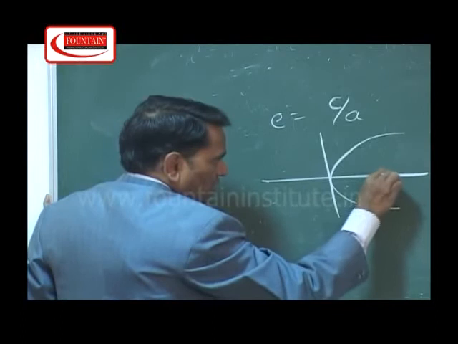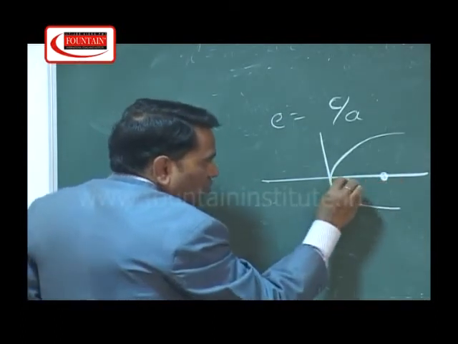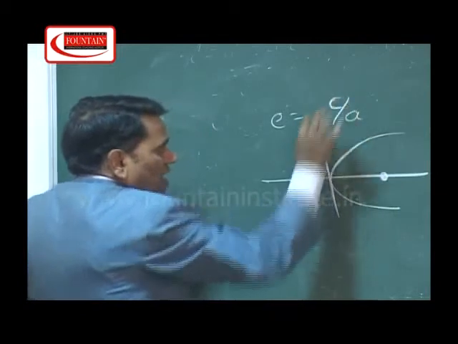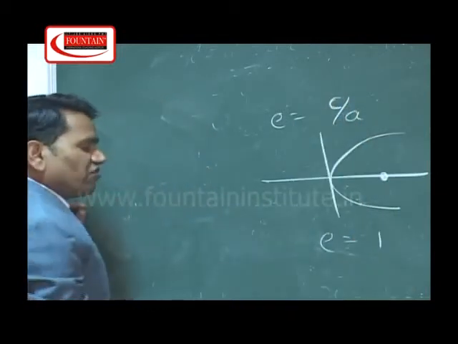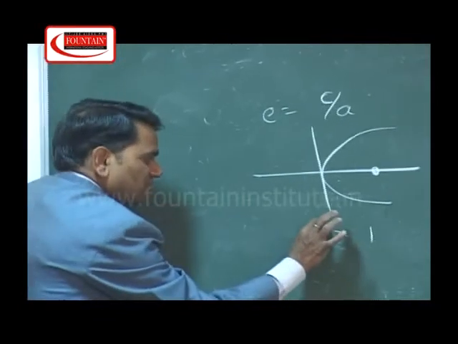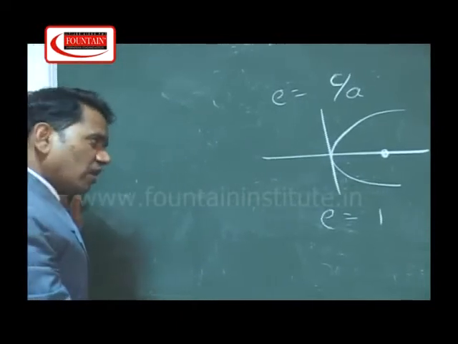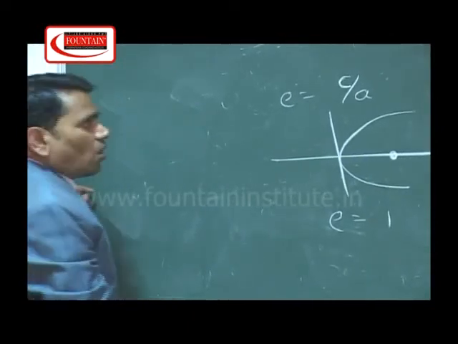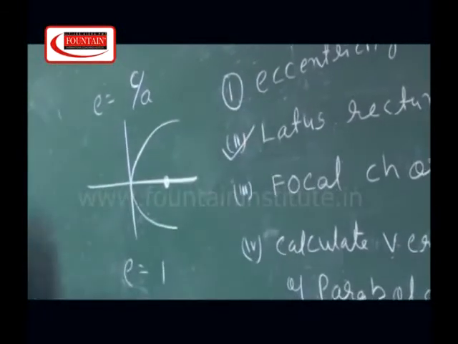This is the focal distance and this is the radius. So c equals a, and in that case e equals 1. In a parabola the value of eccentricity is 1; for an ellipse it is less than 1 and for a hyperbola it is more than 1. Next one is the latus rectum.